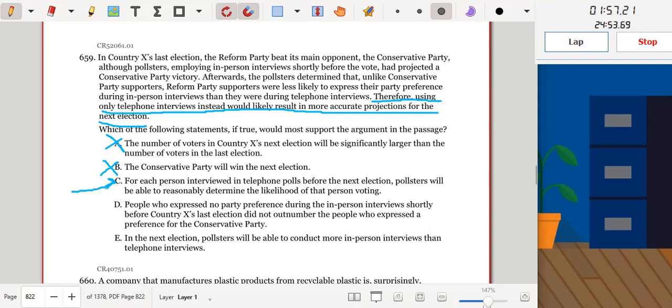This can be. People who expressed no party preference during in-person interviews shortly before country X's last election did not outnumber people who expressed a preference. No, this is also wrong. In the next election, the pollster will be able to conduct more in-person interviews than telephone. No, this is also wrong. So this is my correct answer.